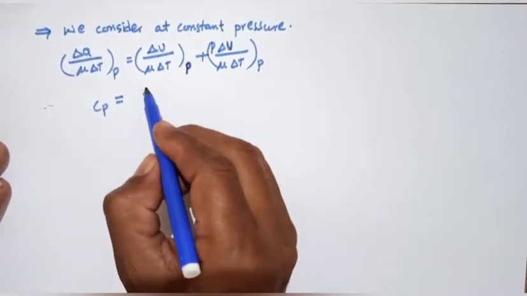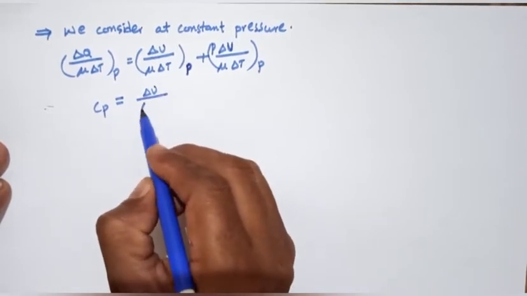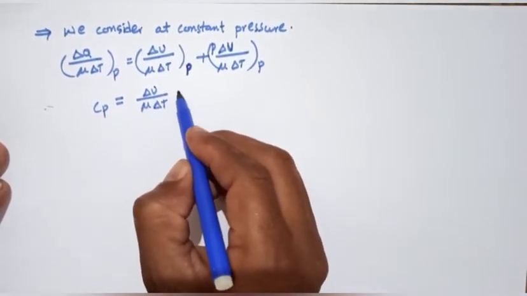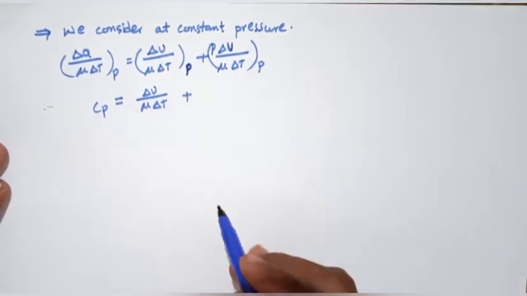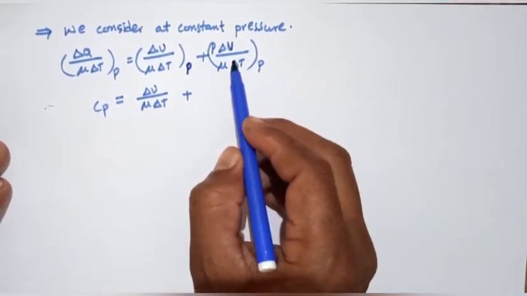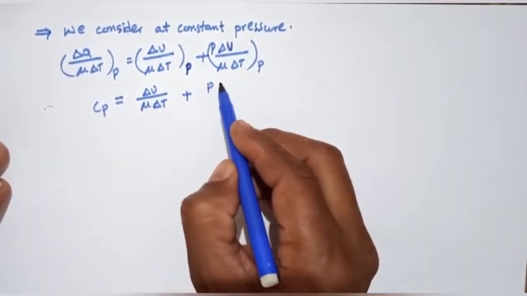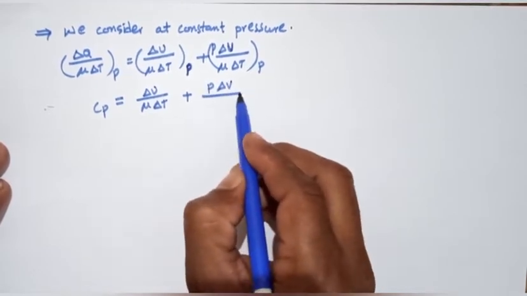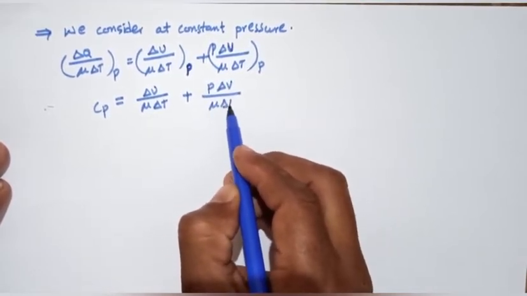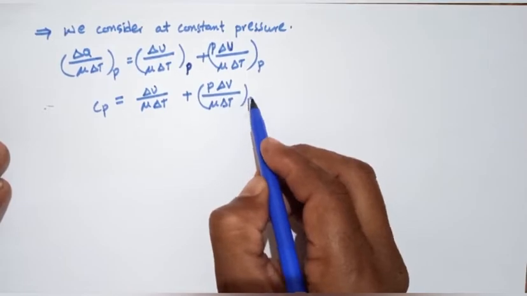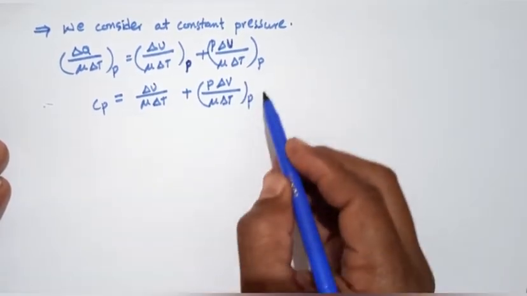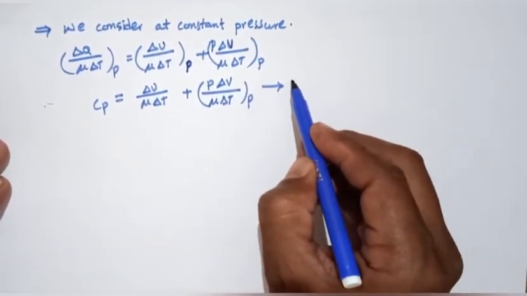Then delta U by mu into delta T plus P delta V by mu into delta T at constant pressure. So this is equation number 6.